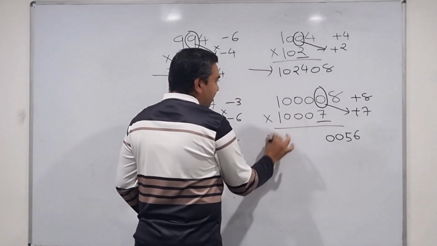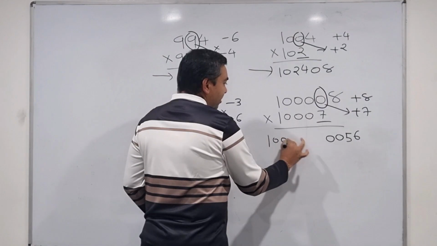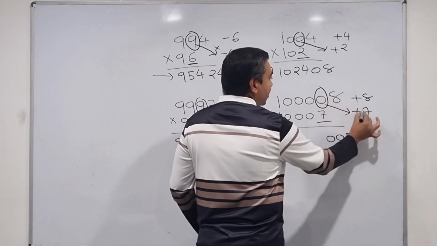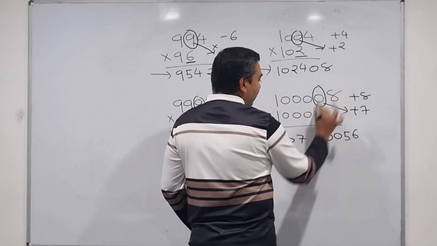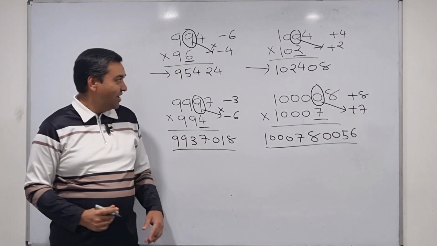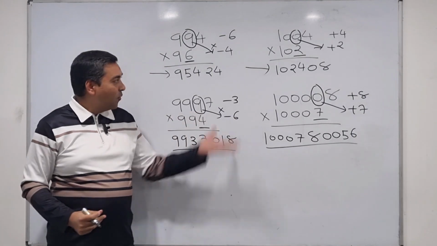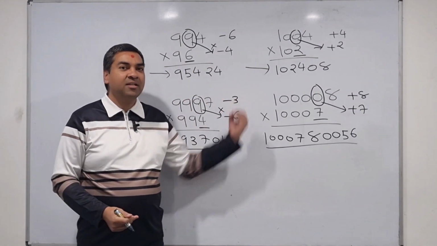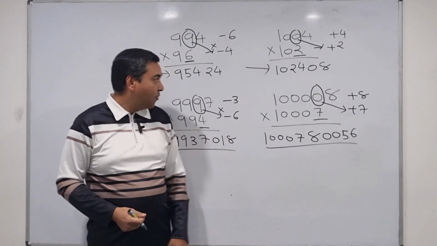So this is like 1 0 0 0, 3 zeros down. Fourth 0, I'm going to apply the operation. 0 plus 7 is 7, and this 8 as it is, and this is my answer, guys. So as you can see, once you understand the process and how it works, it's pretty cool, and you can do it super fast.